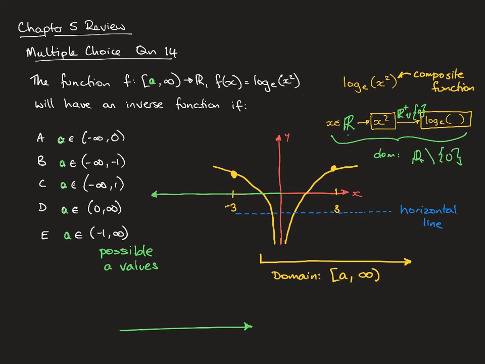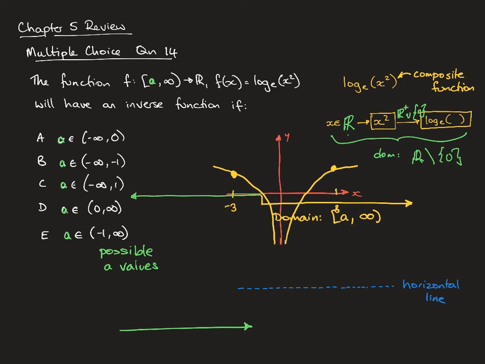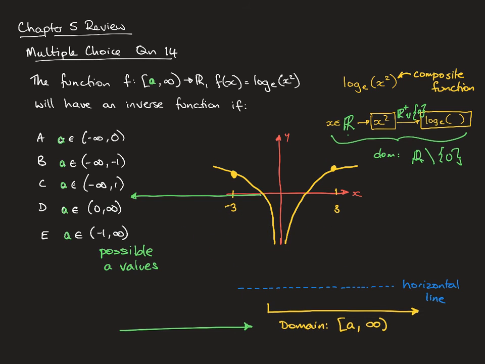So we move this out the way, move our horizontal line out the way, and now we're going to try option B. Option B says negative infinity to -1, which is there. Now, if a is any value within there, the domain of the function could be anything from here all the way along here. And you can see that the horizontal line would still be cutting that graph twice. So that's not an option either.